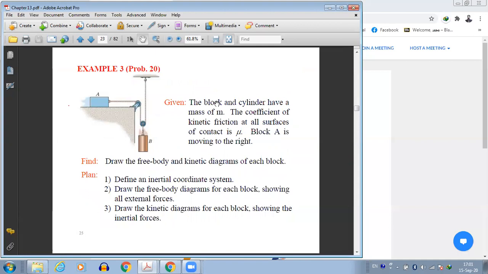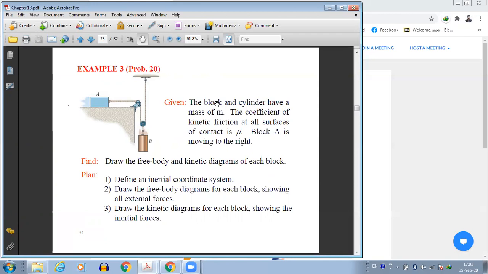Okay, so previously, even in statics, you used to develop the free body diagram. Free body diagram is a very fundamental and key diagram, and if you draw it correctly, you would be able to proceed with the problem in the correct direction.